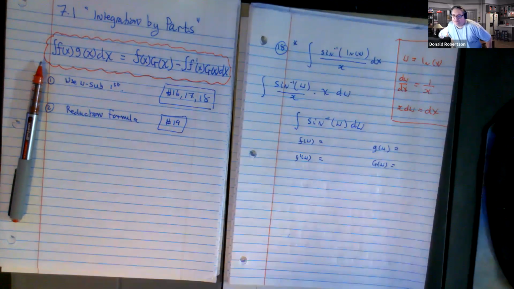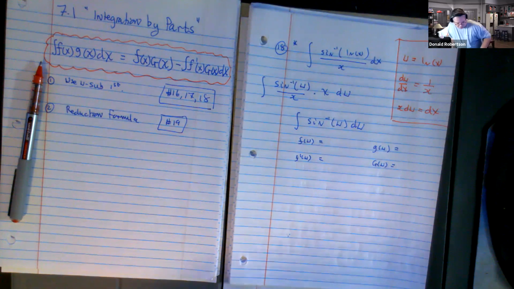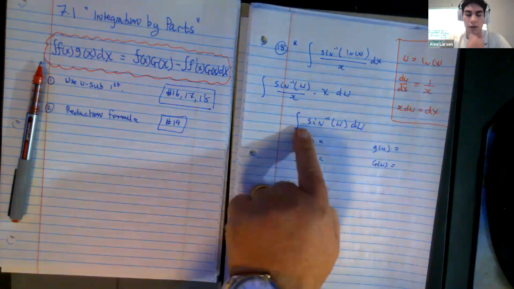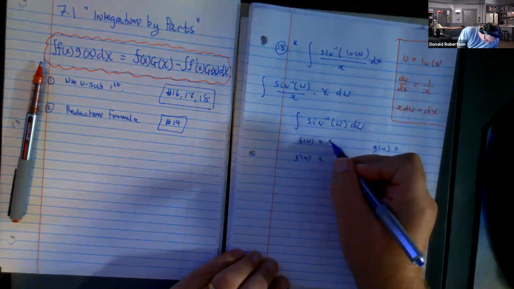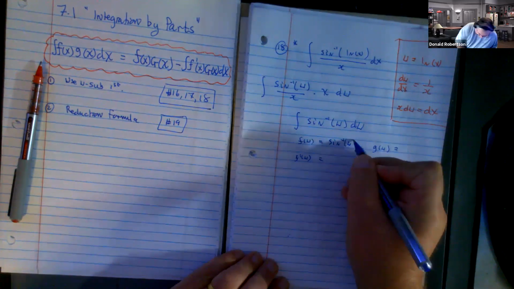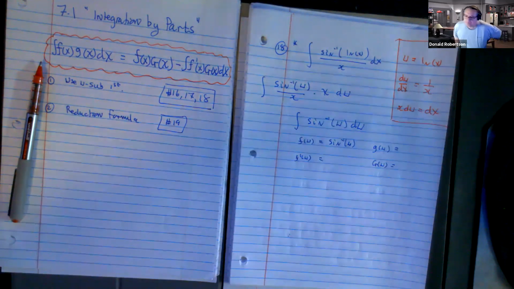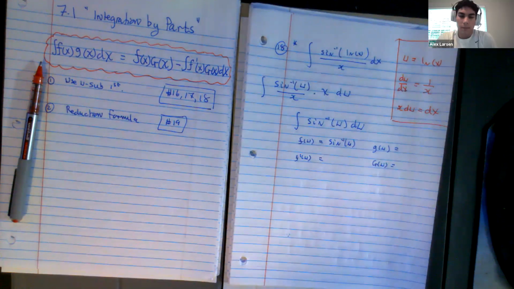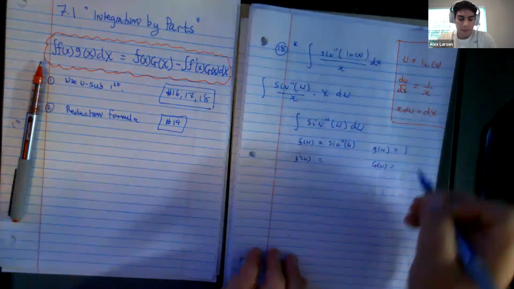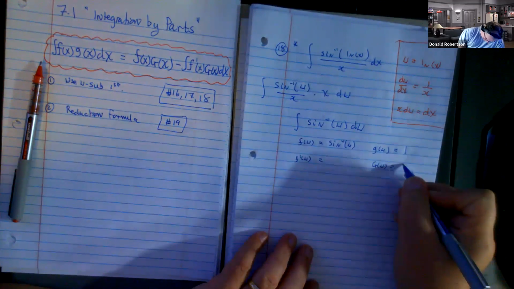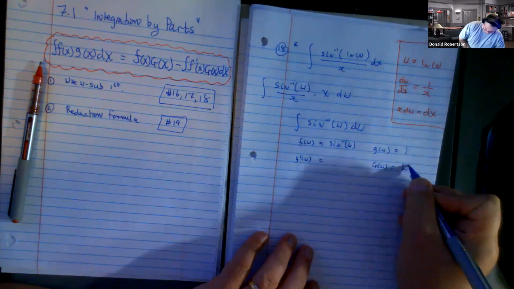Inverse sine u is f of u. Wasn't the rule that when there's only one term, it's your f of u? So who's g of u going to be? 1. And if you integrate 1 with respect to u, you get u.